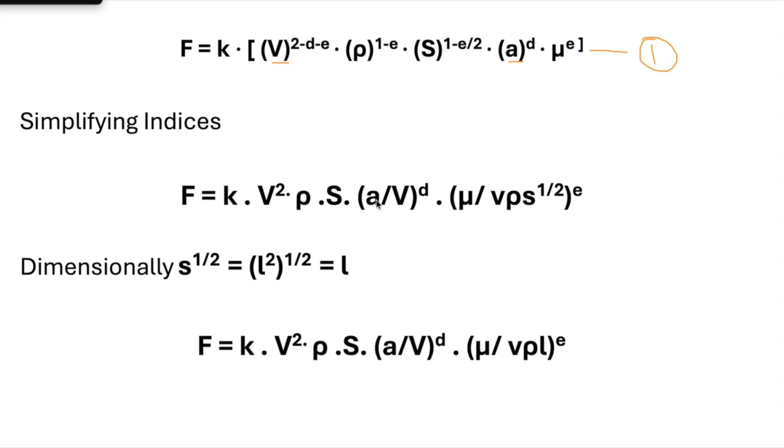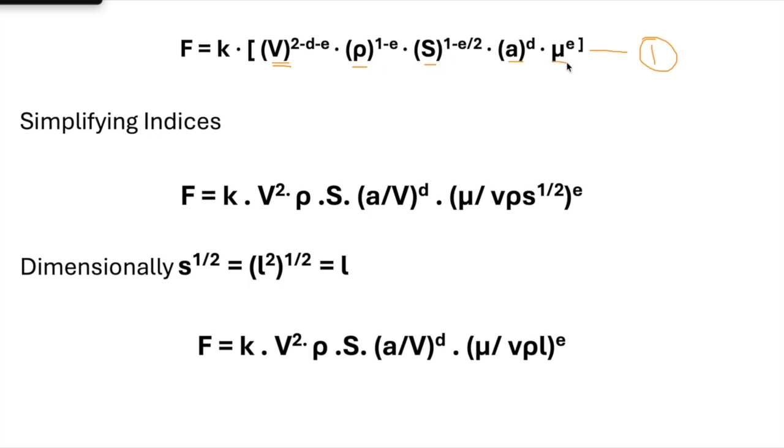So I will write A divided by V in the same brackets under the power D. So under the power E there is a V, and then there is a minus rho, minus S, and minus mu.